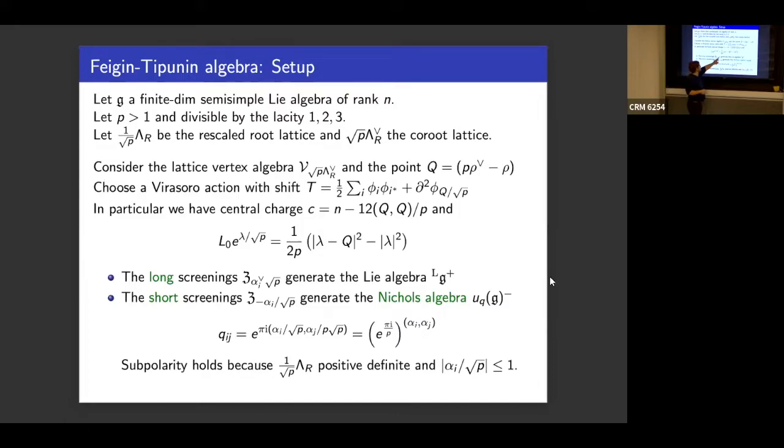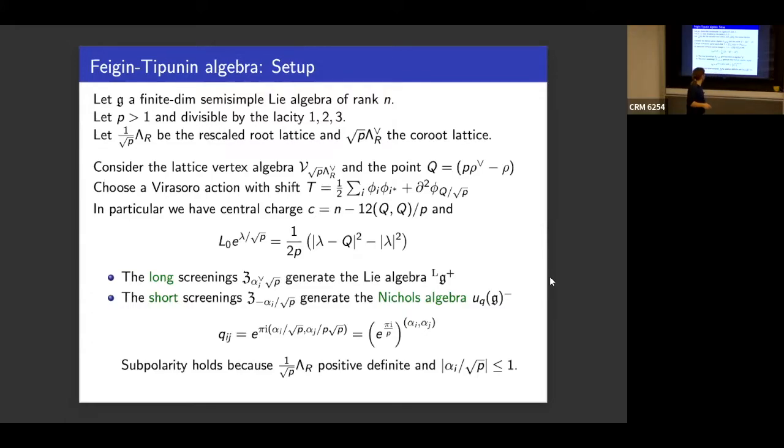But that's a standard thing before non-locality. And this is purely non-local. So we just calculate e to the i pi of, there's a p too much, I'm sorry, e to the i pi of this, and you see you exactly get a 2p root of unity times this, and this was the braiding of the quantum group. That's exactly why I made this choice, because that produces this q_ij.